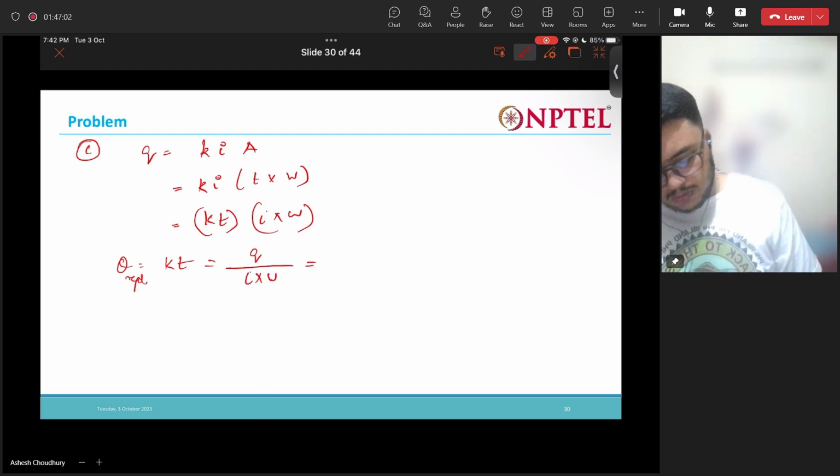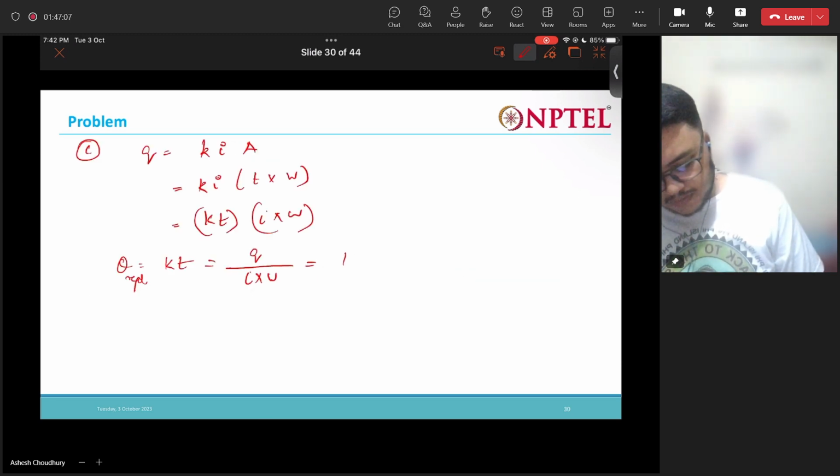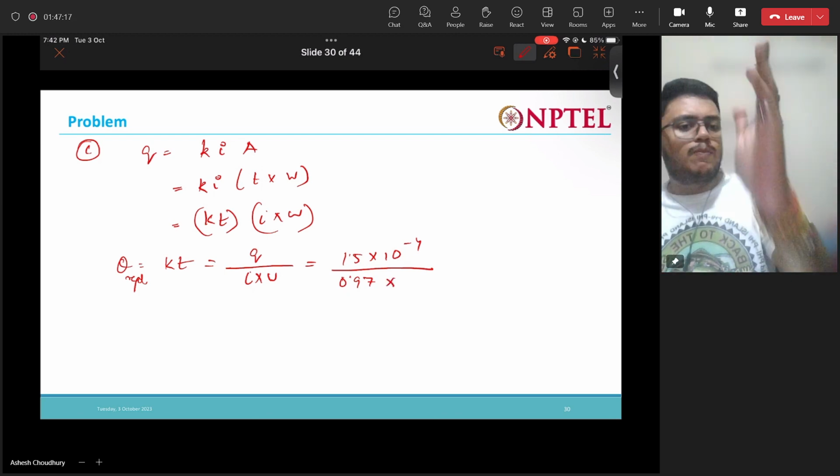So what is Q? 1.5 into 10 to the power minus 4, divided by i, which we already found out as 0.97, into width. Width you can consider per meter length.